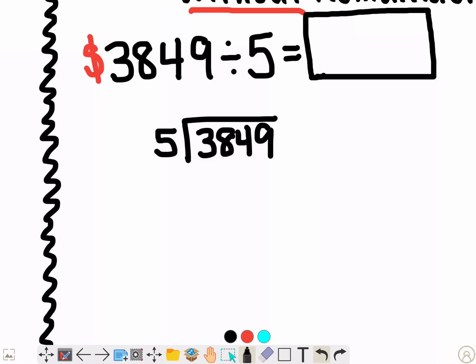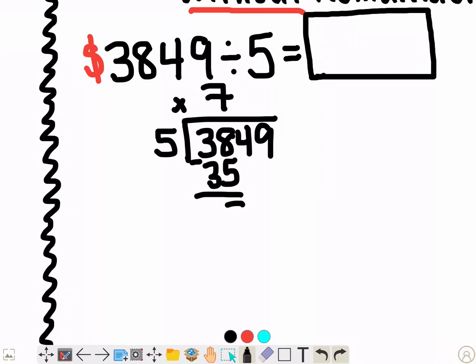Now, are they going to get thousands of dollars? No, because 5 can't go into 3. The 5's too big, but they will get hundreds of dollars because 5 can go into 38 7 times. Yeah, 7 times without going over. 7 times 5 is 35, and I subtract.